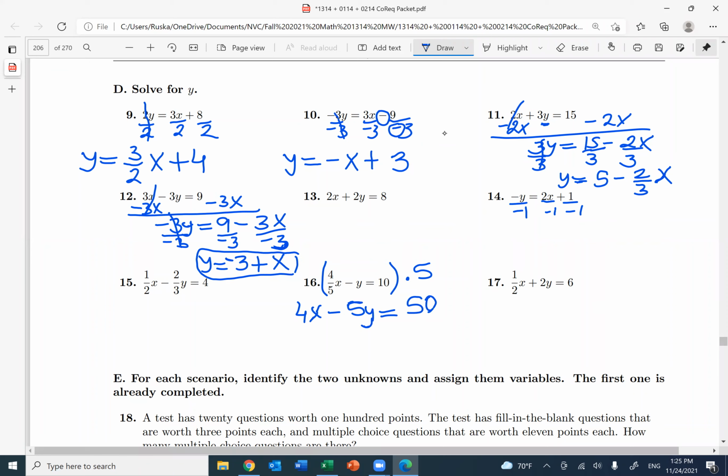And then from here, you solve it the way you solve anything else. Subtract 4x, and then divide by negative 5. So I have negative 5y equals negative 4x plus 50.